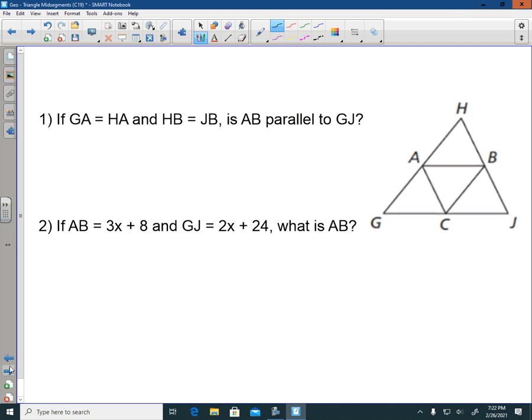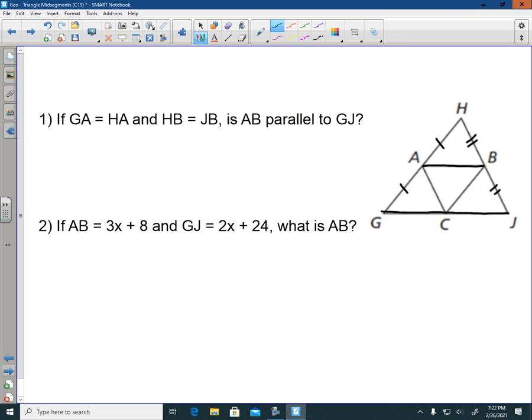Let's mark this figure so that we can understand it. If GA, so that segment, is equal to HA, that segment, and HB, this segment, is equal to JB, that segment, is AB, this one here, parallel to GJ, which is this one here.